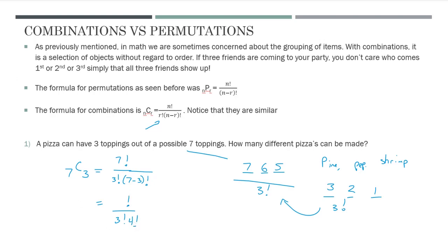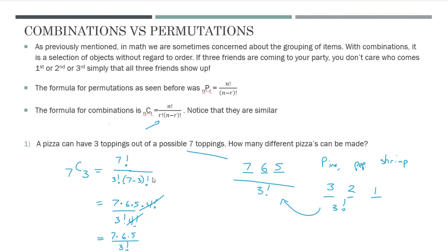Then I want to do some cancellation. If I rewrite 7 factorial as 7 times 6 times 5 times 4 factorial, those 4 factorials cancel out, and you're left with 7 times 6 times 5 all over 3 factorial.